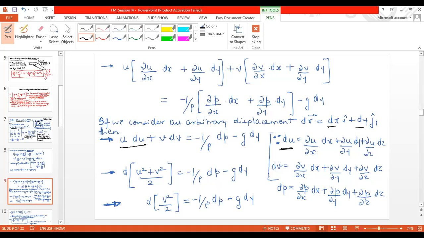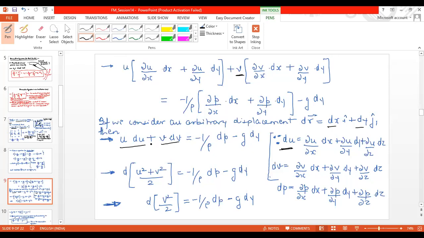So it will be simply u du. This is u, and this term is du. Then you have v, and this term is dv, where dv is delta v by delta x multiplied by dx plus delta v by delta y multiplied by dy. So v dv. Then this is again minus 1 by rho. This term is dp, and again minus g dy.